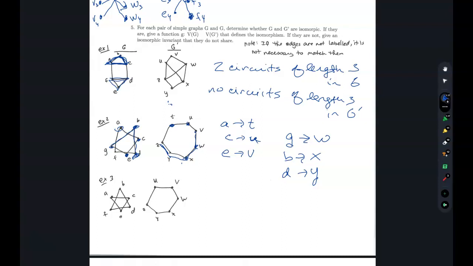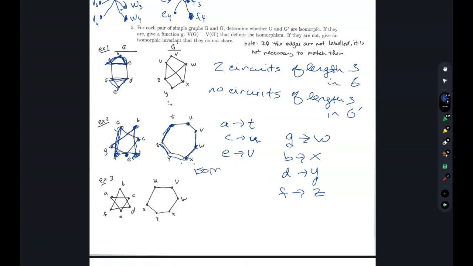D goes back to the vertex F, right? F to Z, and then look at that, I get back to A, or I get back to T.